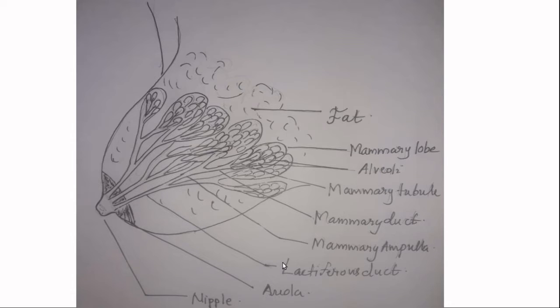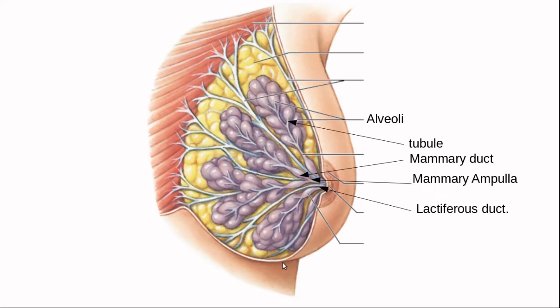Got it? So the structure of the mammary gland once again: in the human female, the mammary glands are represented by a pair of breasts, and each breast consists of the glandular part and fatty region. There is fat and gland, and the glandular tissue is represented by the mammary lobes.